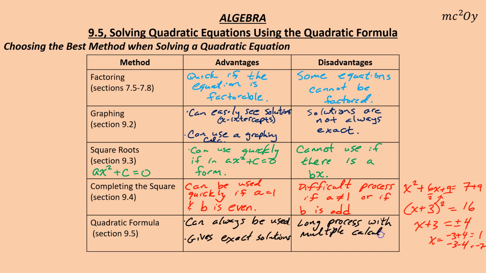And when you have multiple calculations, it's easy to make mistakes. Many places to make mistakes. But if you take care and be precise in your use, then it's not too bad.